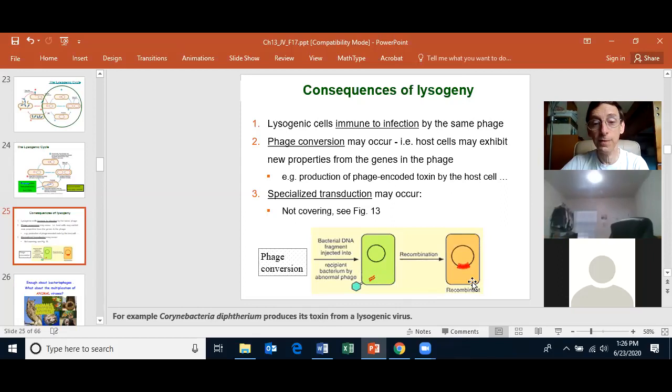So if you're infected by Corynebacterium diphtheriae that doesn't have a lysogenic virus, you won't be exposed to the diphtheria toxin. Any questions about that?